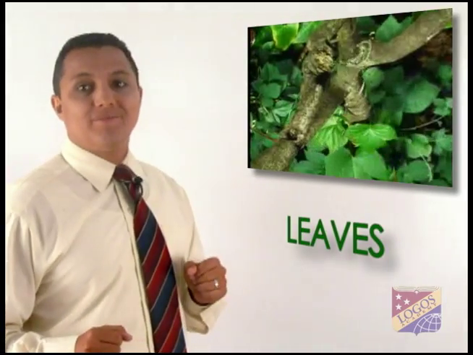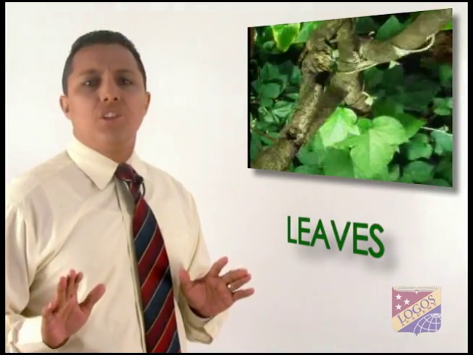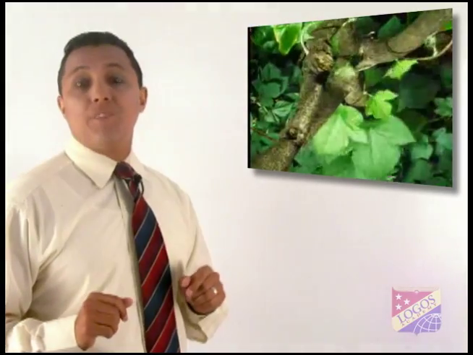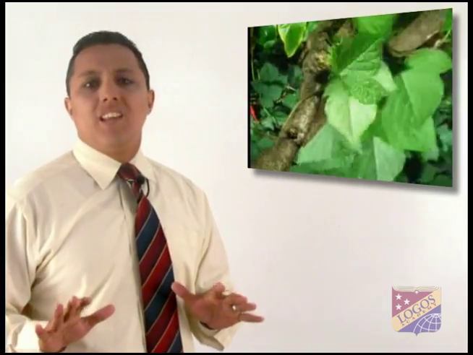Another part are the leaves. Most of plants' food is made in its leaves. Leaves also come in many sizes and shapes. They may be long and wide, like the leaves on a palm tree.